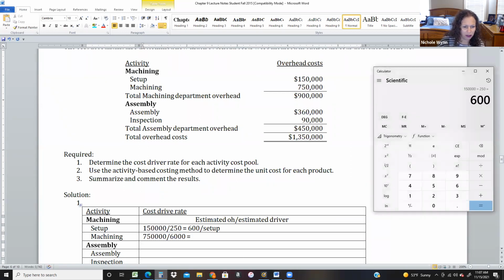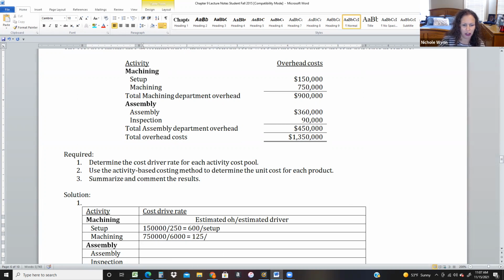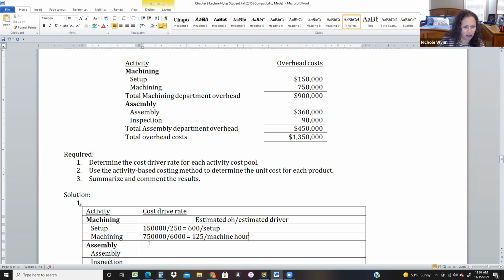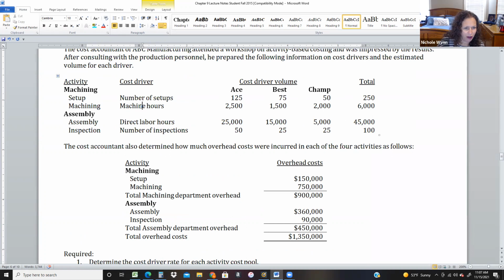We take 750,000 divided by 6,000 and we get 125 per machine hour. I always write my per because if I don't, I don't know what I'm supposed to multiply 125 by. So it is an important part.